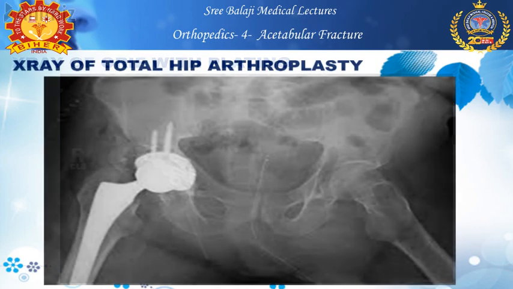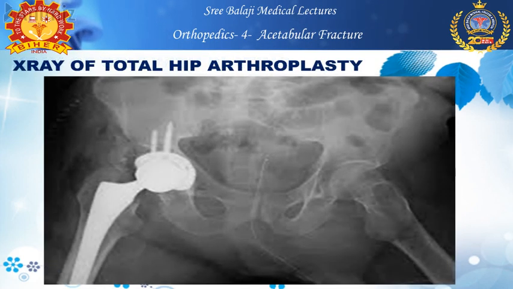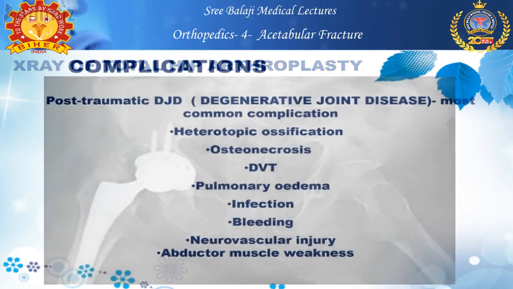This is one more X-ray showing a total hip arthroplasty. If the acetabular columns are stable and the acetabulum is intact, then we can resurface the acetabulum and do a total hip arthroplasty.